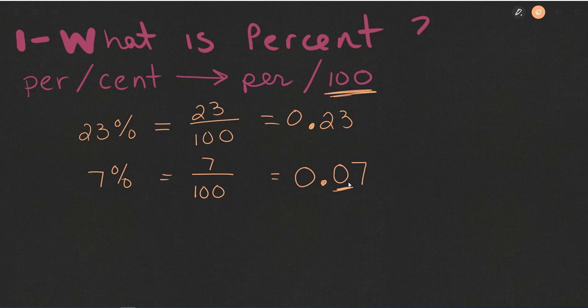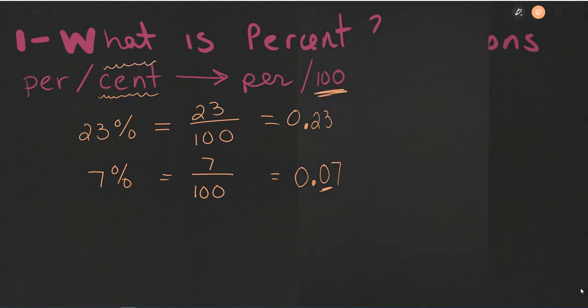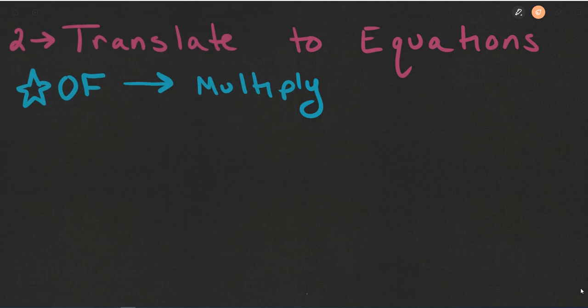So 7% would be 0.07. But per cent, if we can remember that the cent means 100 out of 100, percent problems will make a lot more sense.